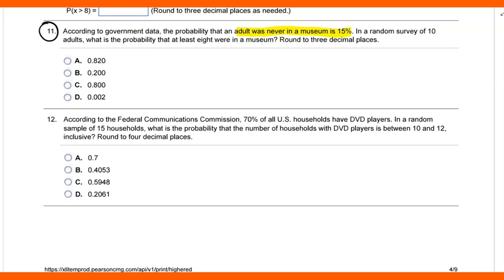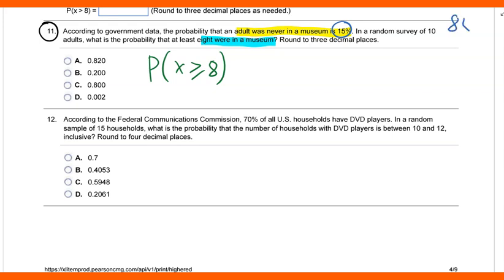That means we're looking for the probability of at least 8, which means greater than or equal to 8, in the museum. Notice that at least 8 is x greater than or equal to 8 who were in the museum. Okay, if 15% were not in the museum, then how many were in the museum?